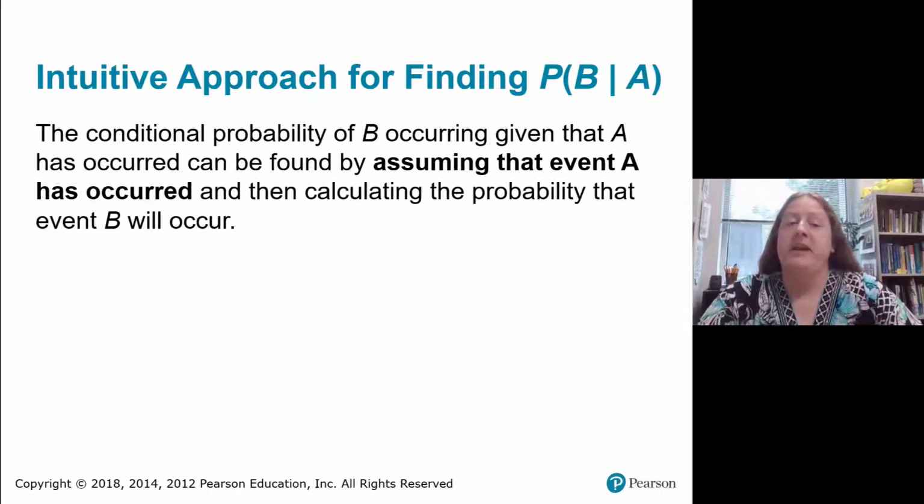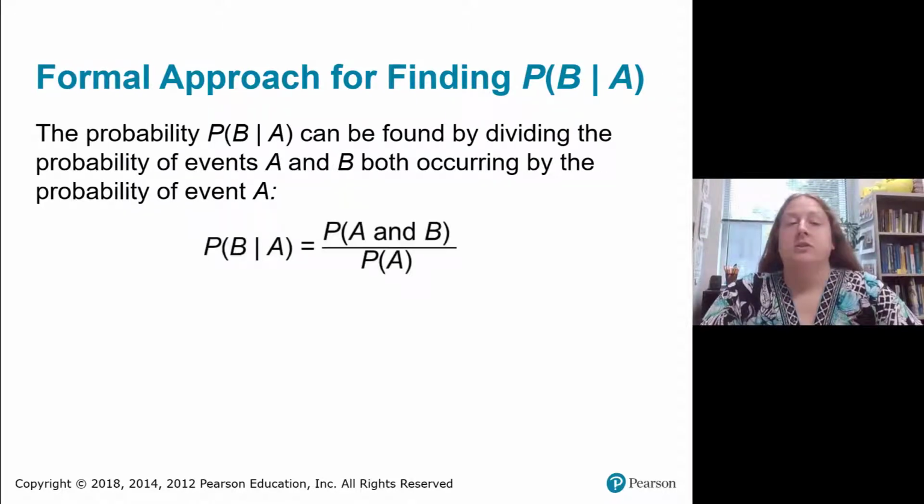So we're going to assume A has occurred, and then we're going to calculate the probability that B will now also occur. So if we formalize that, what we're doing is taking the probability of A and B, and we're dividing by the probability of A.